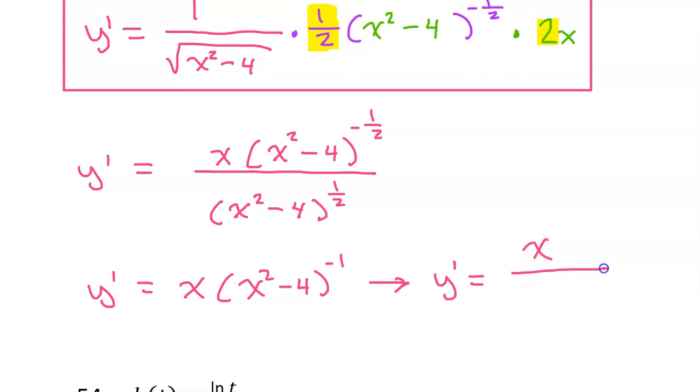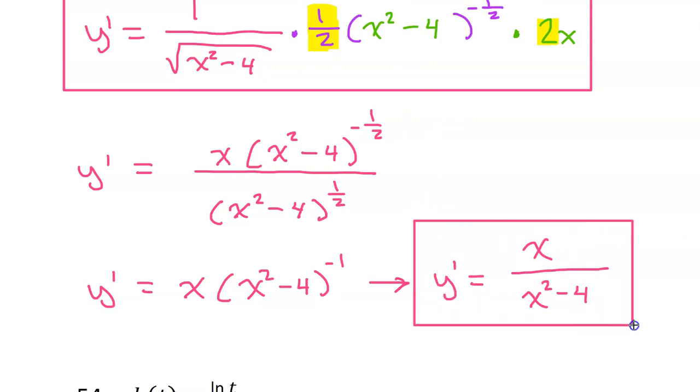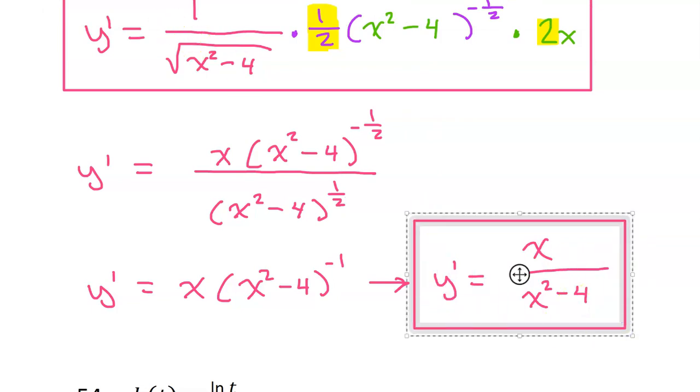So that will leave me with x squared minus 4. So if this were a multiple choice question, this is probably how it would appear among your options. So make sure you know how to simplify things like this.